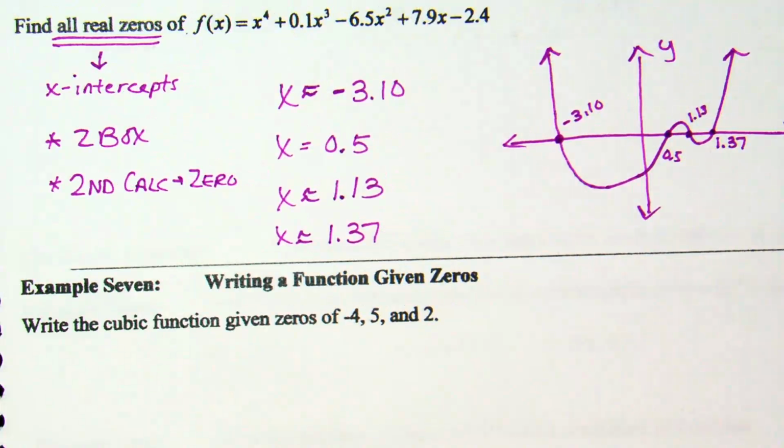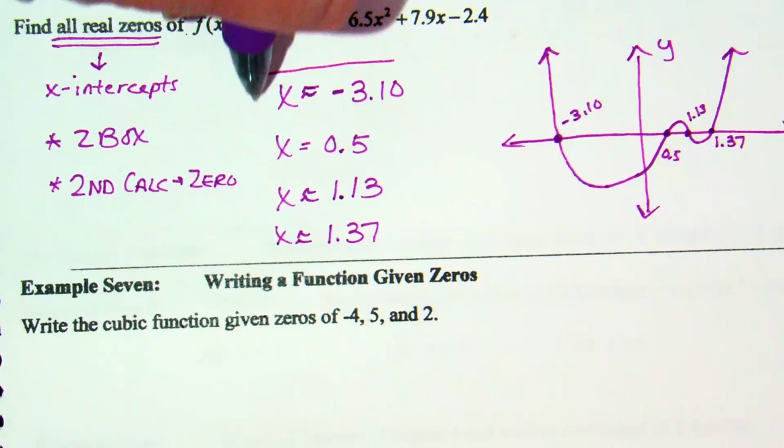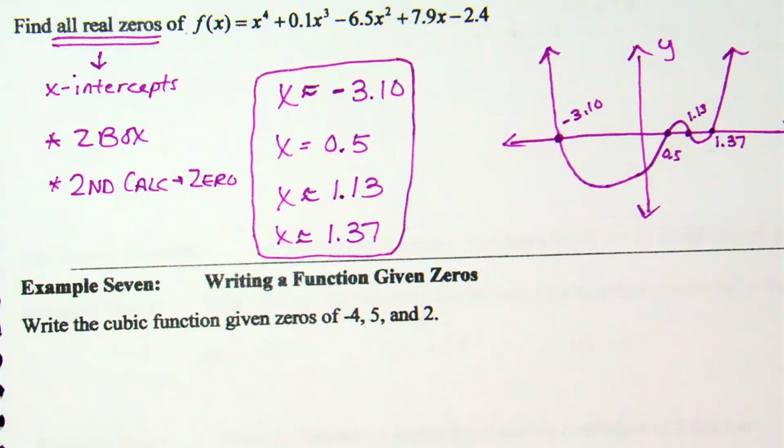But if it's going to help you, write them down. I have 4 solutions here: negative 3.10, 0.5, 1.13, and 1.37. And then off to the right, I just sketched a graph. I showed in that graph that those are the zeros, right? They're the x-intercepts.